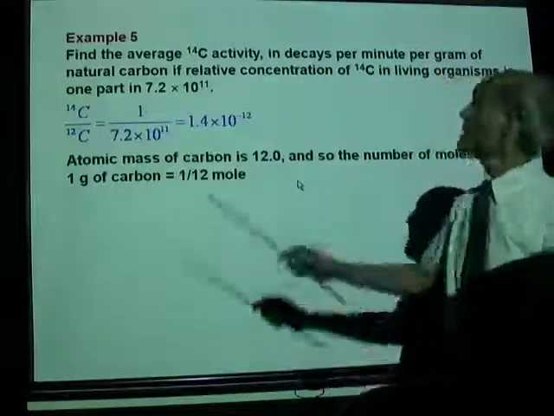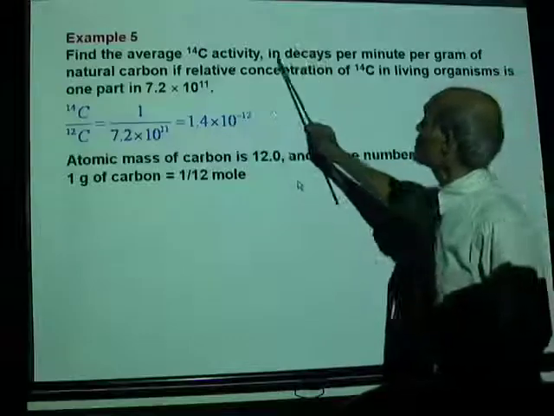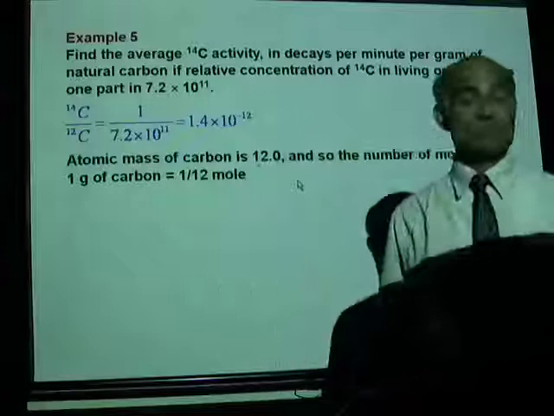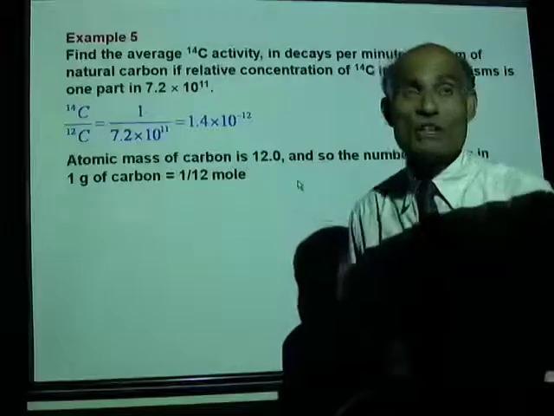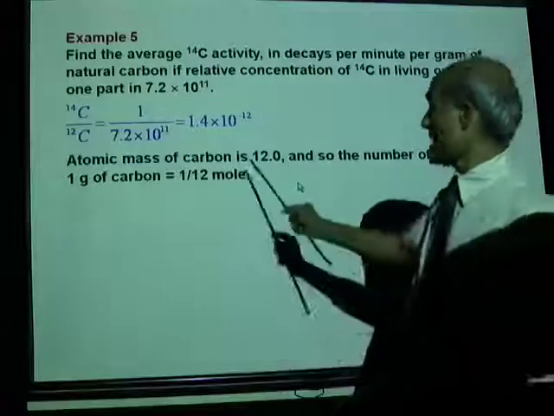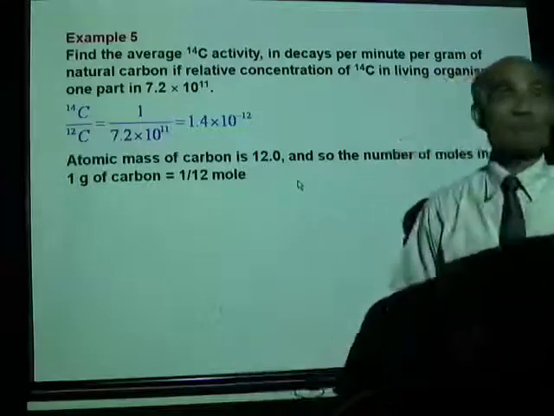Now, we need to find the activity in decays per minute per gram of natural carbon. So we need to now deal with that 1 gram of carbon. Atomic mass of carbon is 12.